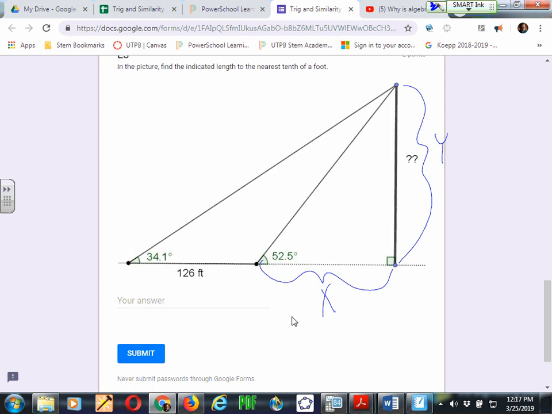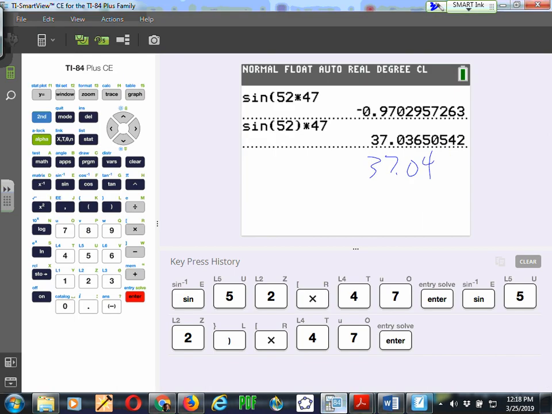Now, how can we tie some trigonometry into this? Some stuff about right triangles. Before, you took your unknown side and your known side and set up a trig ratio. In this case, we don't have any known sides of a right triangle.